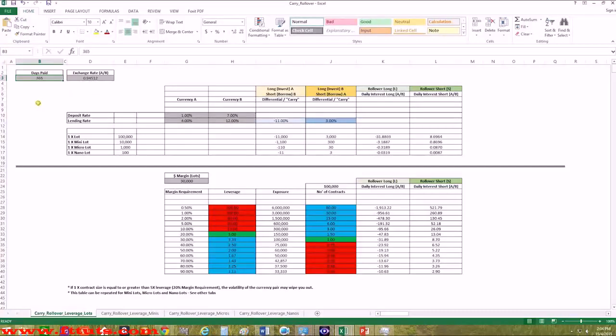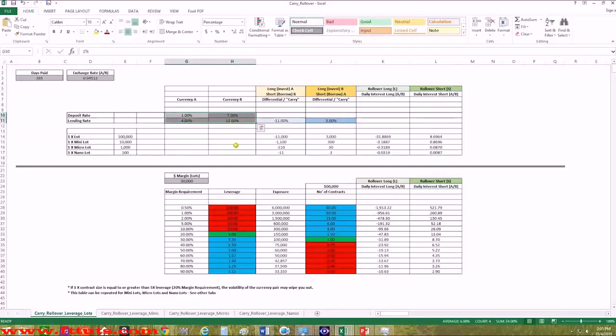And we've assumed 365 days interest, so a full year. And we've assumed an exchange rate of spot 94512. And we have currency A and currency B. Now the deposit rate for currency A is 1% and the lending rate is 4%. The deposit rate for currency B is 7% and the lending rate is 12%.